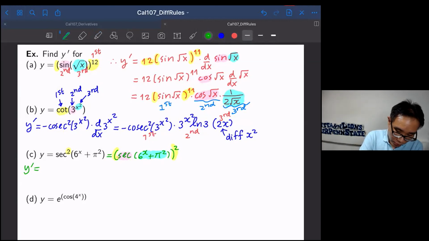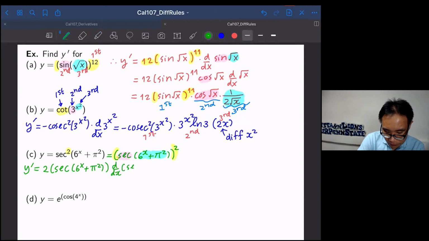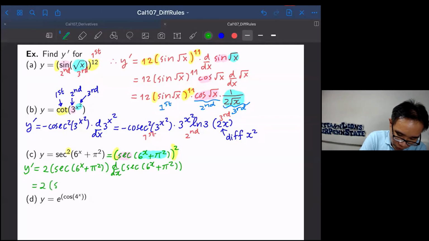And you see that it's going to be 2 come down, and you have sec of 6 to the x plus pi, and you're gonna have to differentiate sec of 6 to the x plus pi. So you differentiate sec, you get sec tan, right? So it's gonna be 2 sec of 6 to the x plus pi, and you differentiate sec, you get sec tan.